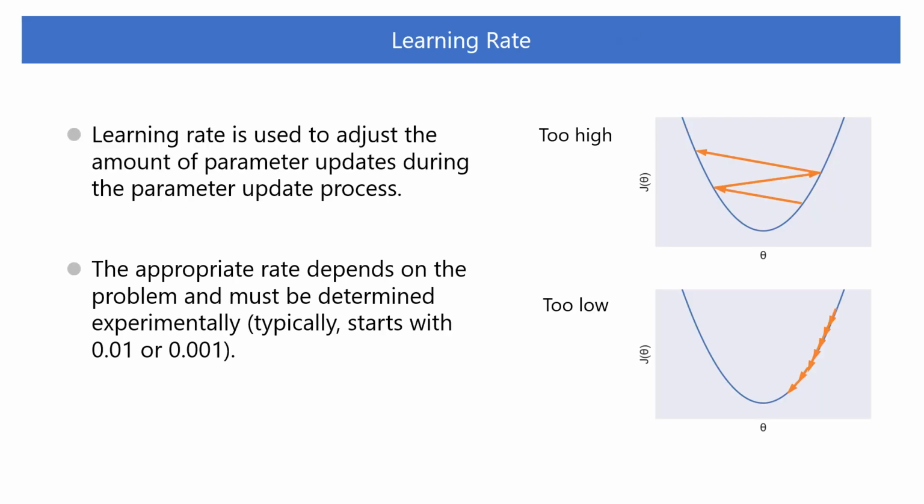The learning rate is used to adjust the amount of parameter updates during the parameter update process. The appropriate learning rate depends on the problem and must be determined experimentally. Typically, one starts with a value such as 0.01 or 0.001 and adjusts it while observing the behavior of the loss function.